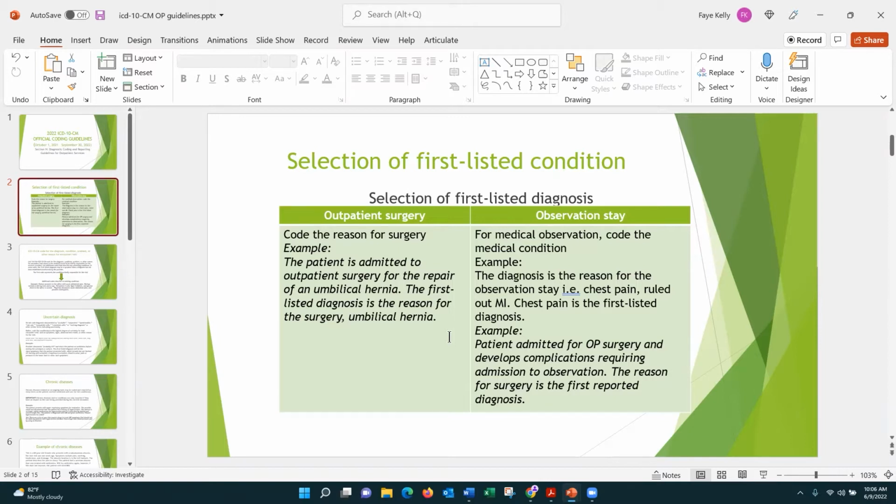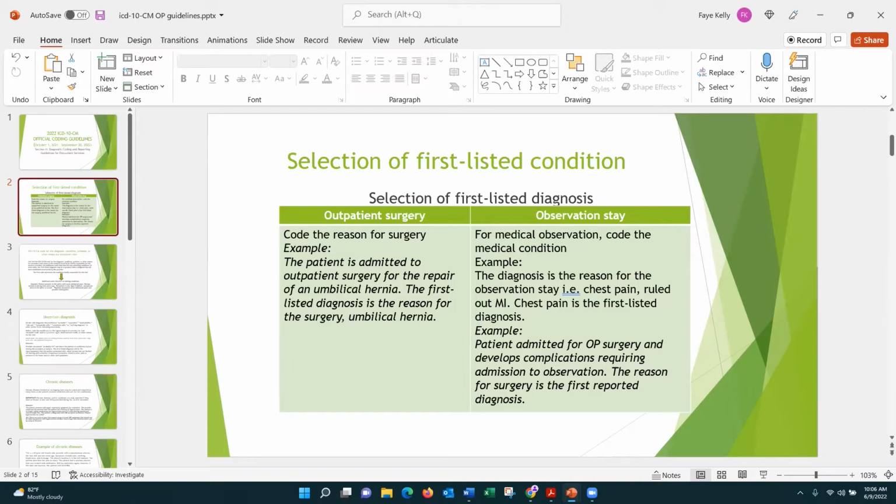The reason I wanted to bring that up is as you move into your job, you may hear the term principal, but that's more applicable to an inpatient coder. In the outpatient world, it's first listed, or primary diagnosis. You'll hear that a lot too. You won't hear principal. That's focused on the inpatient coding.